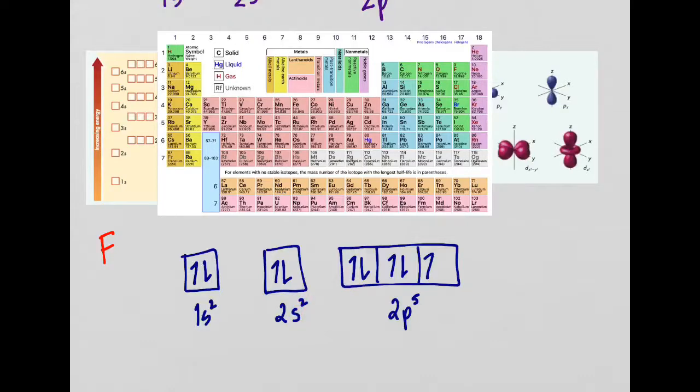So it is also filled, meaning I can't fit any more in there. Then I have my 2p, and how many electrons are in here? 1, 2, 3, 4, 5. So I have 5 electrons in my 2p sublevel. So this one would be partially filled. And we're going to start there tomorrow with what I mean by filled, half filled, and partially filled.